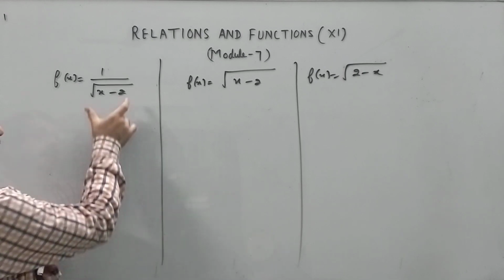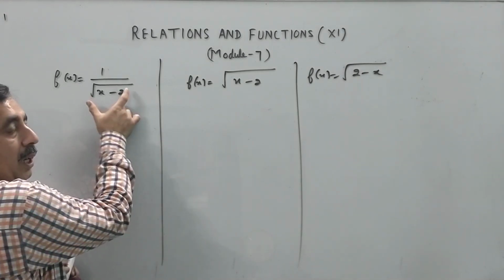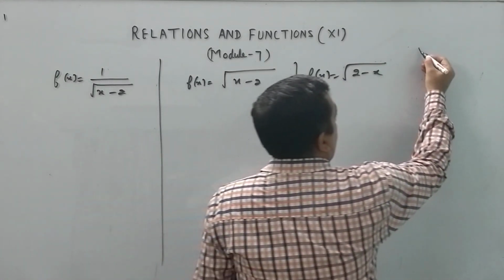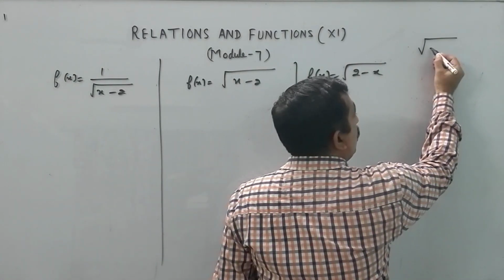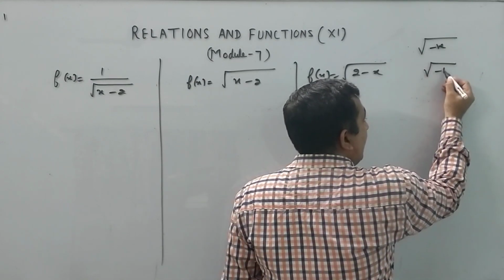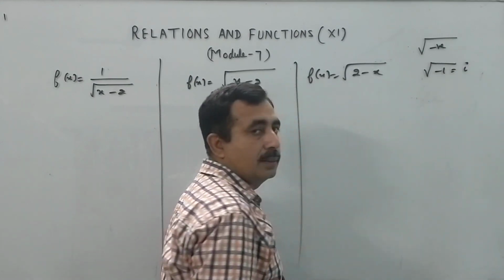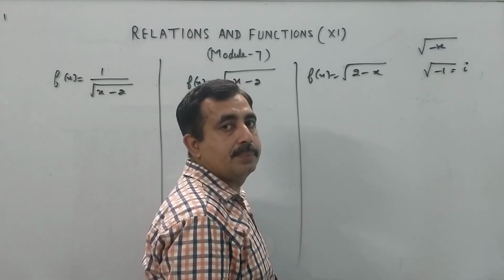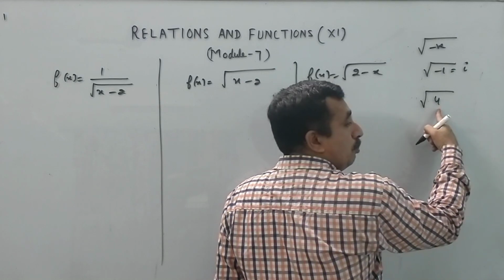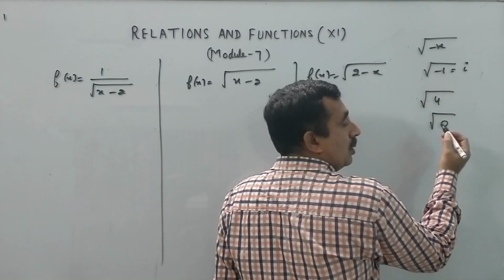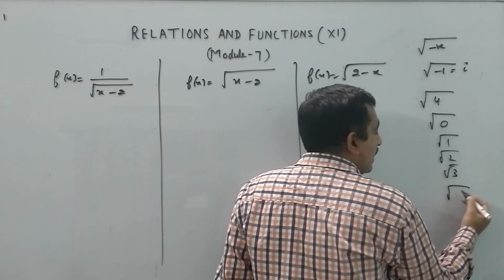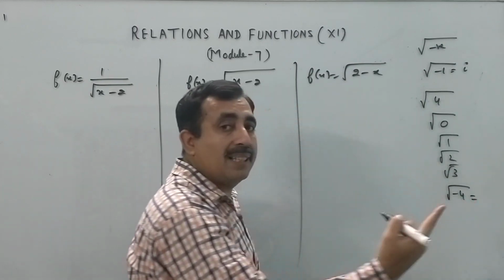So when the question contains a root, our second concept is the root. Inside the root, there should be no negative number. Because when the root contains a negative number, it will become a complex number. So inside the root, the number should be positive. The number may be 0, 1, 2, 3, positive numbers. But if it is a negative number, it will become a complex number.